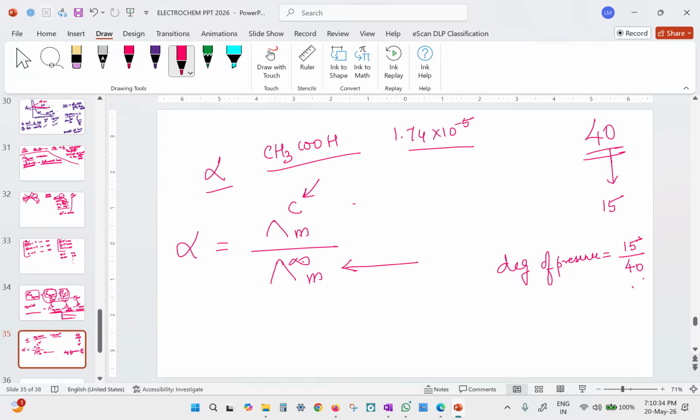The ratio of lambda mc to lambda m infinity is alpha. So in 11th standard, whatever alpha values you studied for the various weak electrolytes are all estimated by these kinds of conductometric experiments. Did you understand why the lambda m infinity is required? Yes, ma'am.